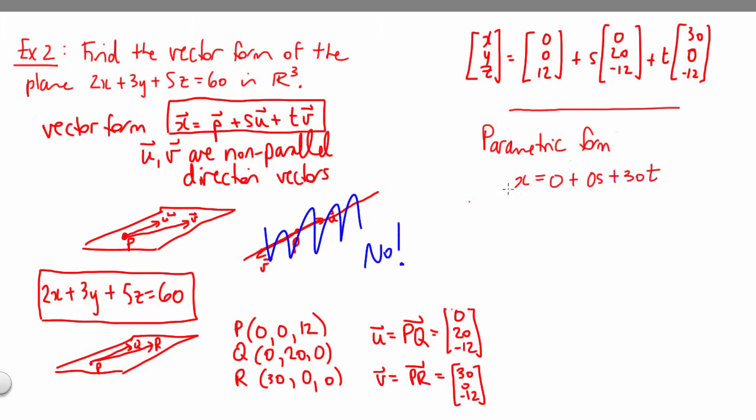Well, in fact, this is a little bit cumbersome way to write it. Normally, we would just write x = 30t, y = 20s, z = 12 - 12s - 12t. Setting up this system of equations gives us what is known as the parametric form for the plane in R3.